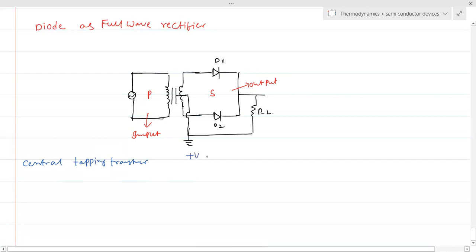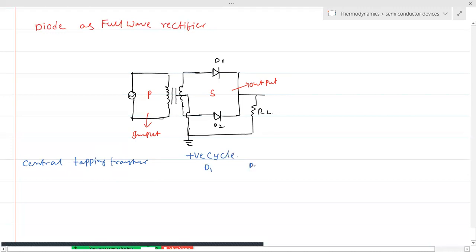during the positive cycle, at the PN junction diodes D1 and D2, we have the following potentials. During the positive cycle, the transformer maintains a positive potential at D1 and a negative potential at D2.